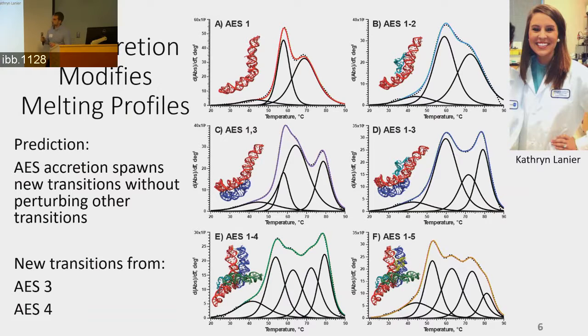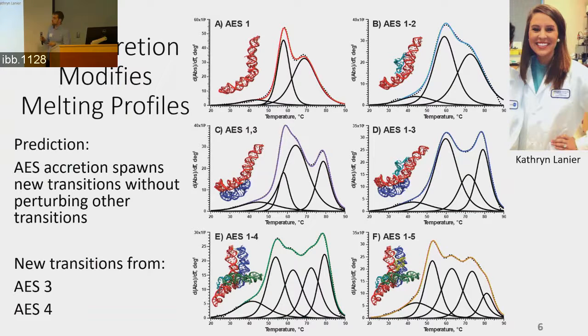The other part of the story that our model predicts is that the previous existing transitions shouldn't be perturbed at all. So that's the prediction. However, the picture that the data shows is much more complicated. Once again, if we focus on AES1, we have 2 major transitions here, one at around 70 C and one at around 60 C. If we compare with AES1, 3, there's at least one transition that looks like it's been shifted.